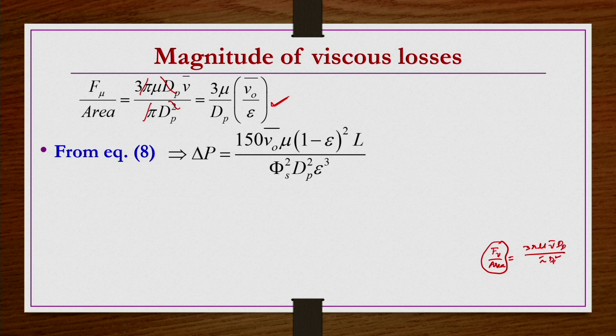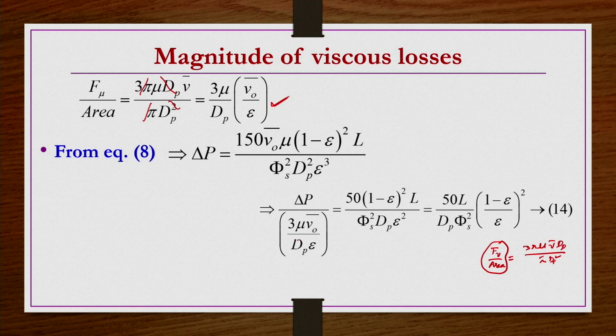Now if you divide both sides of this equation by 3 mu v naught bar by dp epsilon, then you will get this particular term. This indicates the magnitude of viscous losses for one layer of particles.